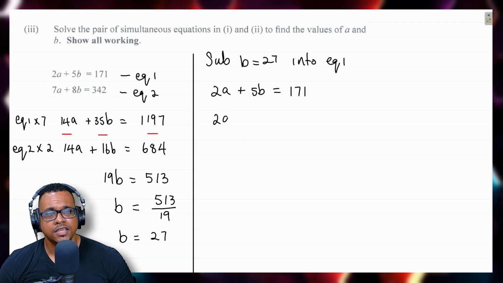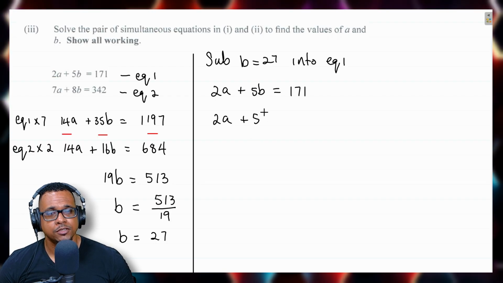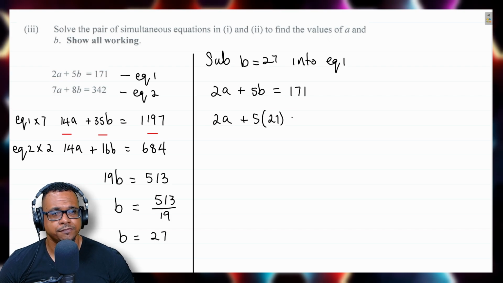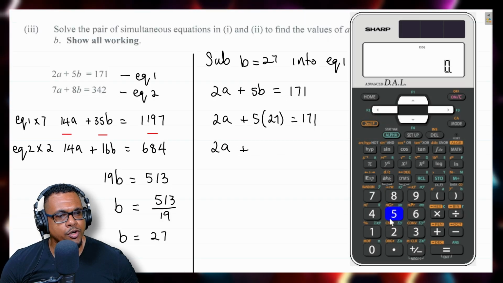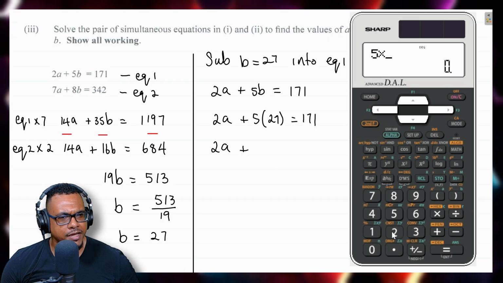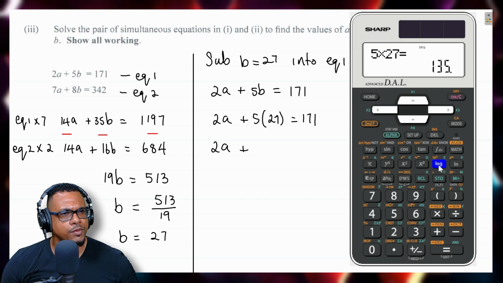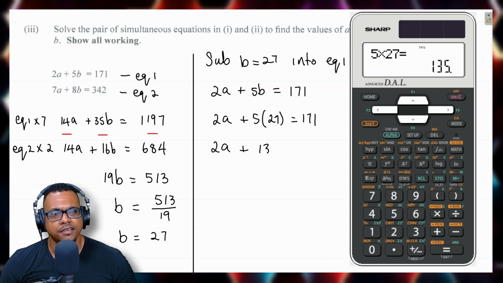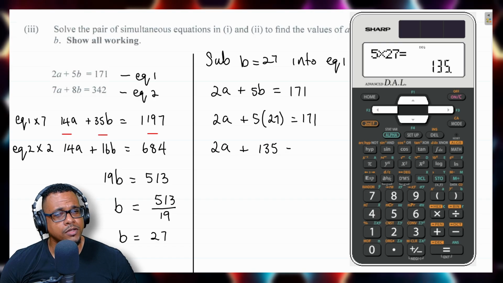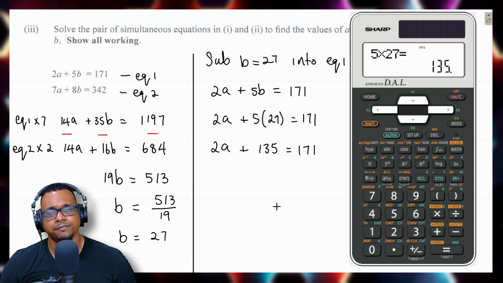So we have 2A plus 5B, and 5B means 5 multiplied by B. So we have 5 multiplied by 27, because B is equal to 27, is equal to 171. So we'll have 2A plus, and we work out what is 5 multiplied by 27, and we get 135. So we have 135 here is equal to 171.